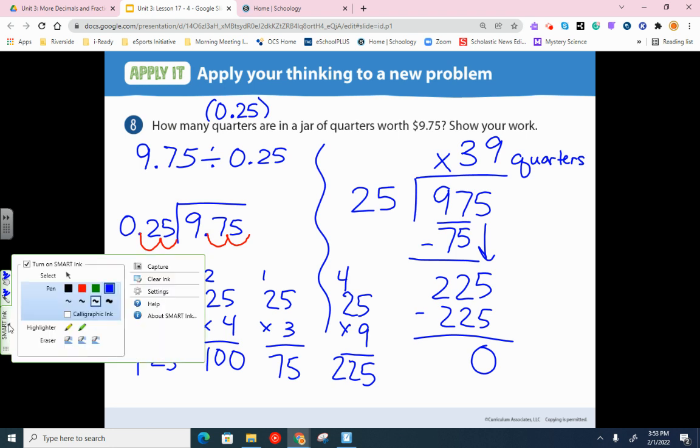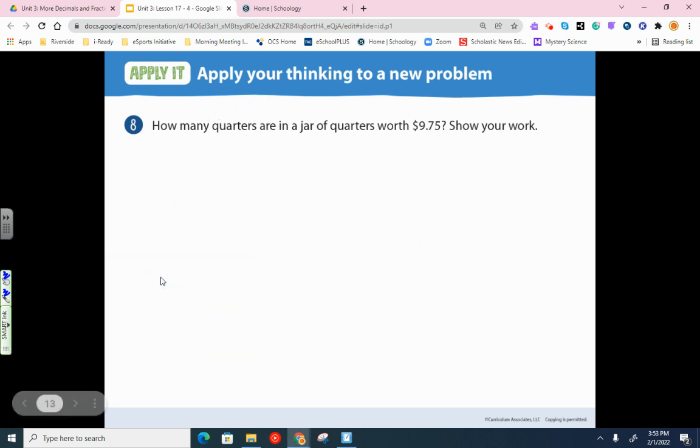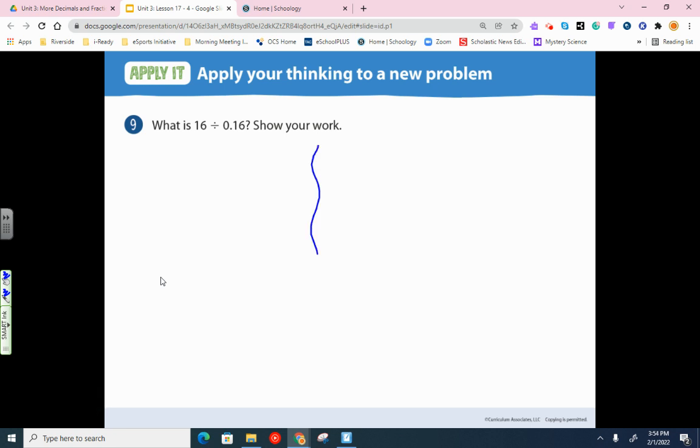All right, let's move on to the next question. What is 16 divided by 16 hundredths? All right, so let's split this up. 16 divided by 0.16. Now, some kids might think it's 1 because they'll see a 16 and a 16.